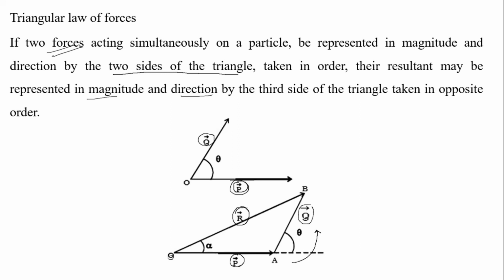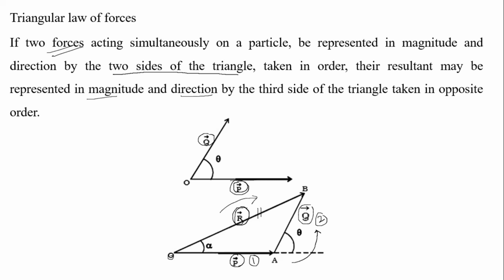The resultant is represented in magnitude and direction by the third side of the triangle. This is the first side of the triangle, this is the second side, and this is the third side, taken in the opposite order. This is in the clockwise direction, right?